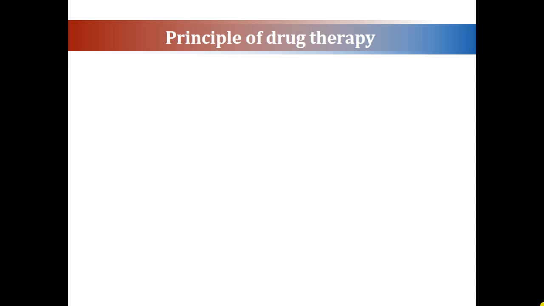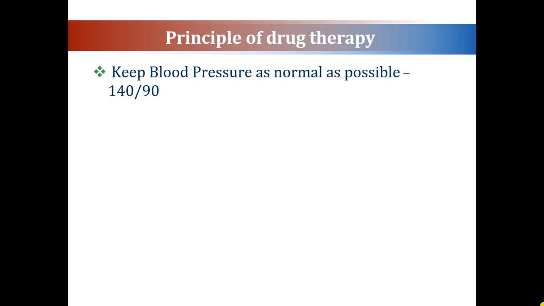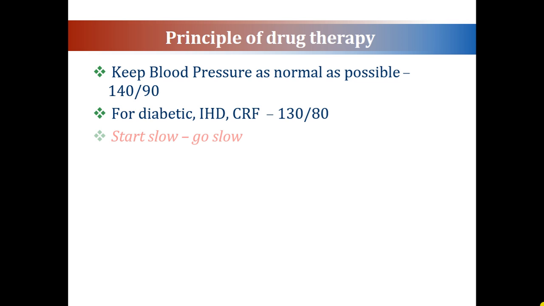Now we see the principles of drug therapy. First is to keep the blood pressure as normal as possible, that is 140/90. For diabetic, ischemic heart disease and chronic renal failure patients, it is 130/80. The basic principle for antihypertensive therapy is start slow and go slow.